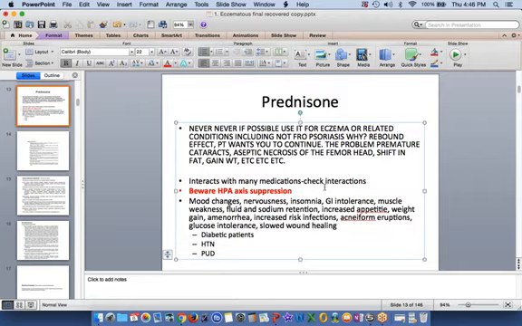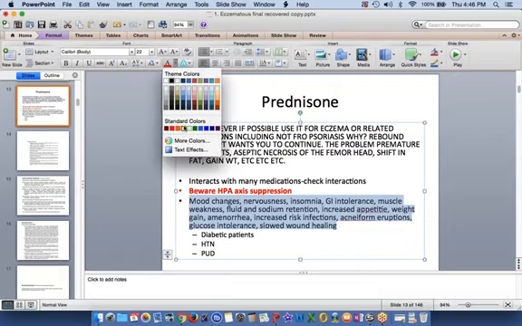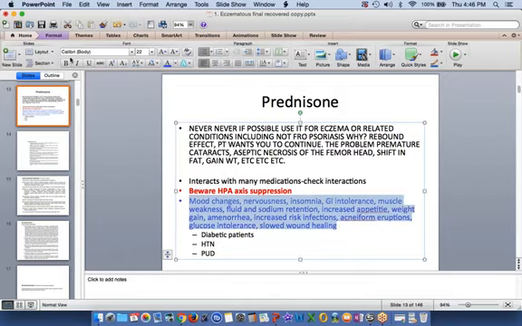There's a way of dealing with prednisone not to suppress patients and to decrease the possibility of the above problems. And as you can see here, there are other risks involved. I'm going to highlight this because you really have to know.